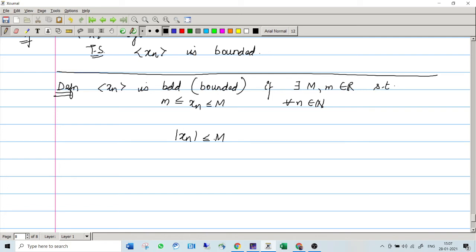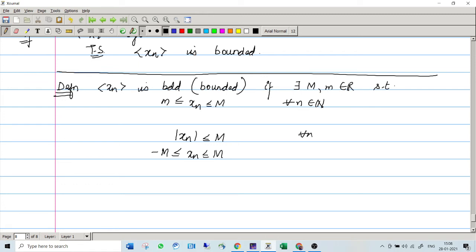What if we write it like this? If we are able to find a positive number M such that mod of xn is less than or equal to M, can we say the sequence is bounded? Yes, because this is the same as saying xn is between minus M and M. So if you have found a lower bound and an upper bound, then you can say that the sequence xn is bounded.